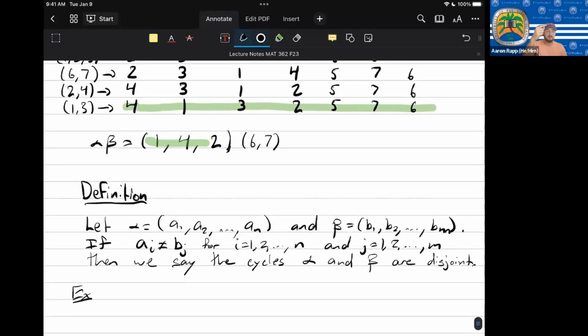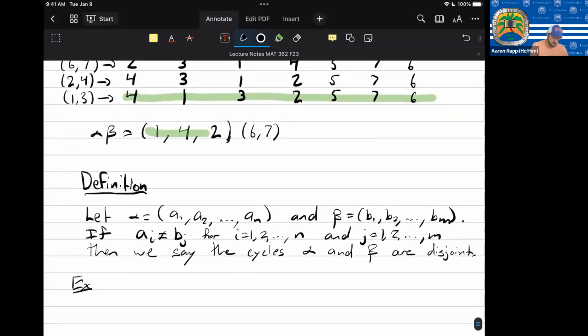In fact, what we just wrote, that last cycle, which is a product of two cycles, (1 4 2) and (6 7), are disjoint cycles.